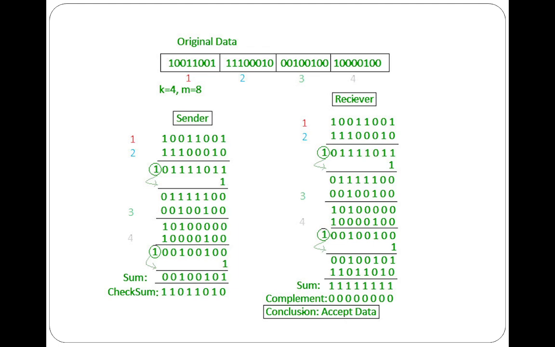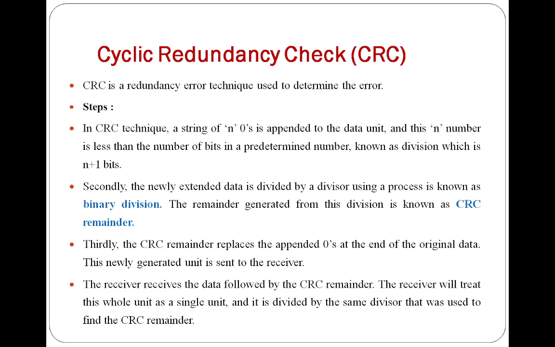So this is the best example to understand how the process happens in the communication. And the next error detection technique is the cyclic redundancy check. So here, how are we going to perform it? In cyclic redundancy check, a string of n zeros is included with the original data.